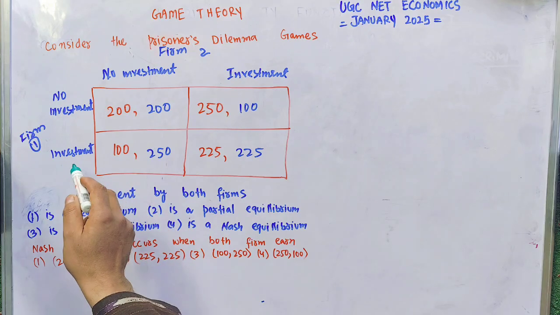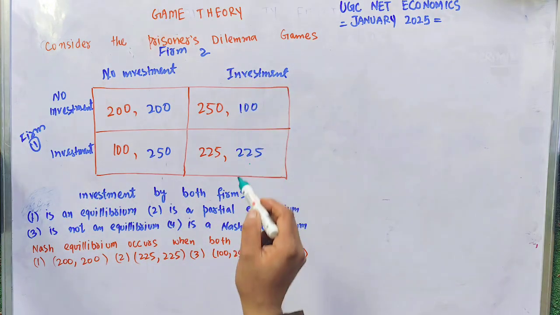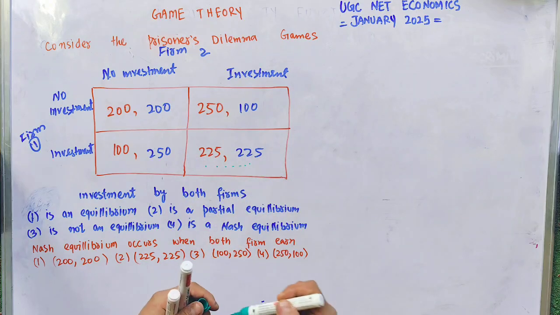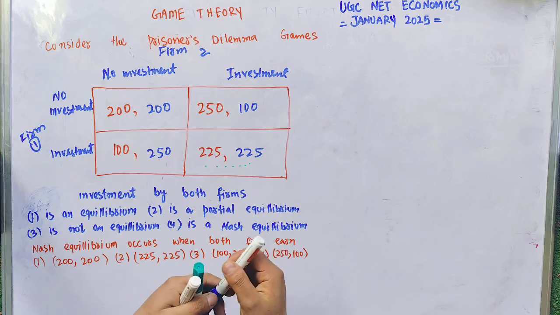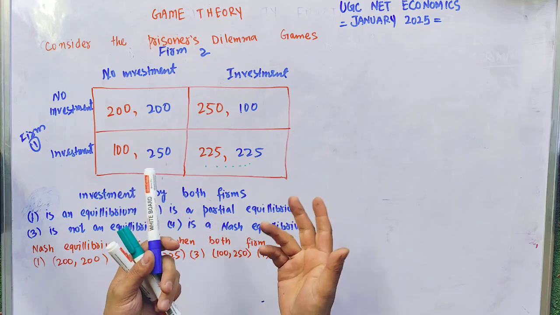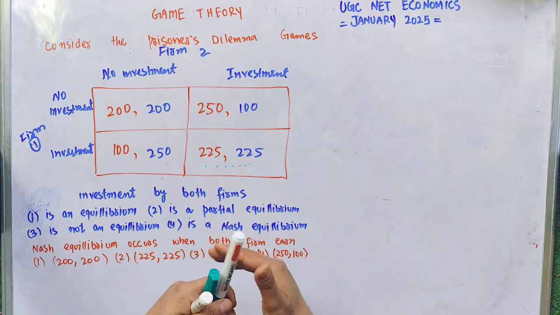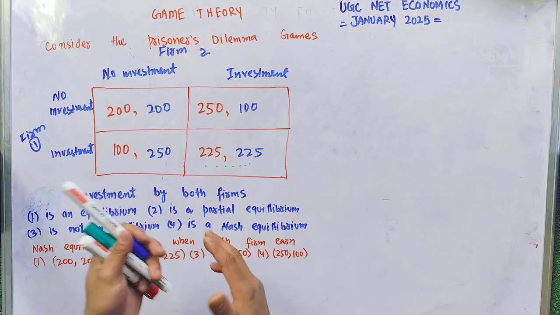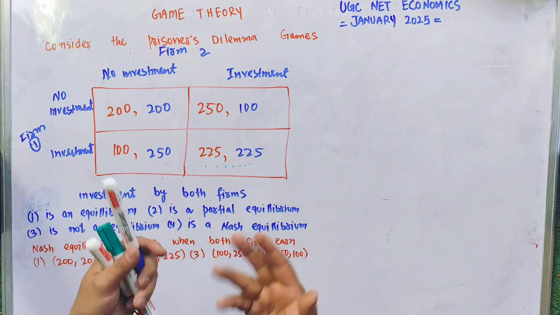So if firm 1 chooses investment and firm 2 chooses investment, we have to see whether this cell is actually the Nash equilibrium or not. By Nash equilibrium what do we mean? Nash equilibrium in game theory is a situation where all participants in a game have chosen the best strategy they can given the strategies of the other players.